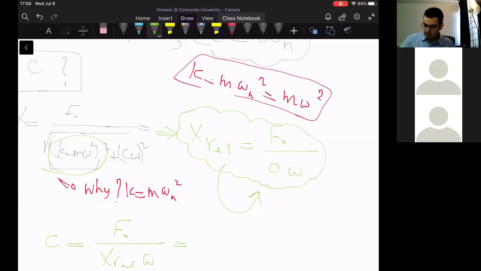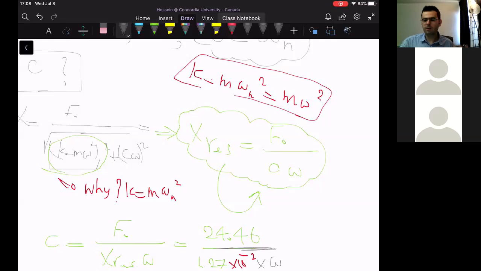Basically, f naught is 24.46 Newton, divided by x of resonance 1.27, which is in centimeter. You have to change it into SI unit, multiply by 10 to the minus 2, and then multiply by omega.